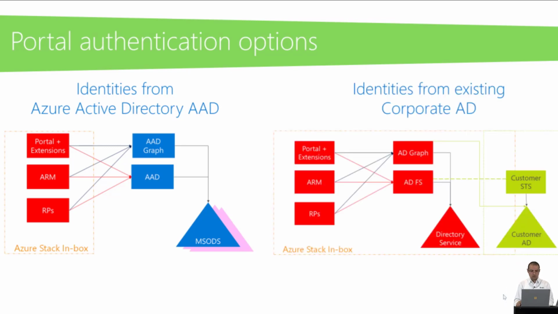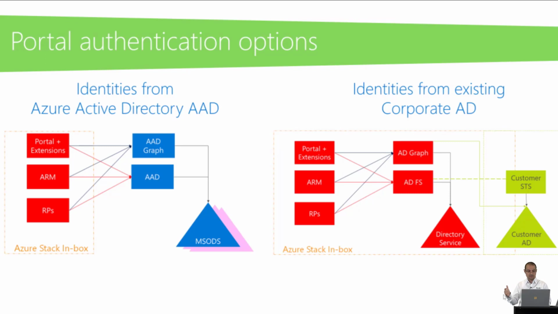Talking about identities from an existing corporate AD, in case you choose ADFS, not Azure Active Directory, you will have an internal ADFS deployment that will be responsible for authentication for all of these layers.